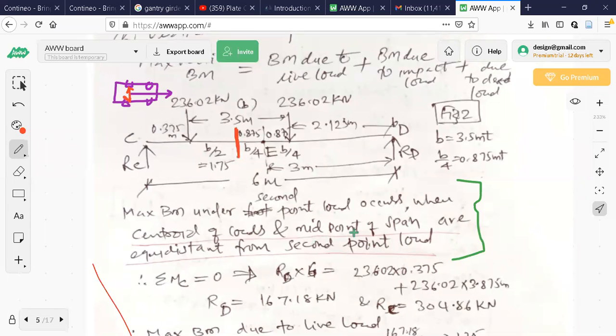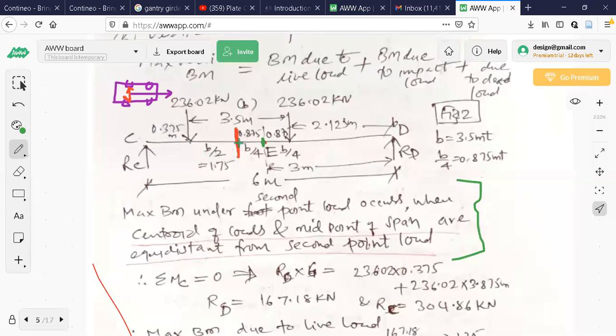Midpoint of the span. Now observe this. This point is 3 meter from A because it is the midpoint of the span. This red line is midpoint of the loads. Red is midpoint of the loads. Green is midpoint of the span.